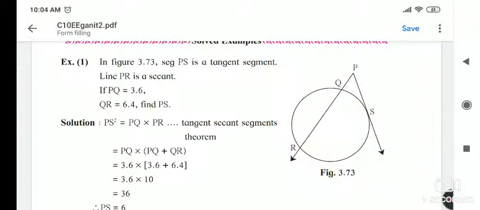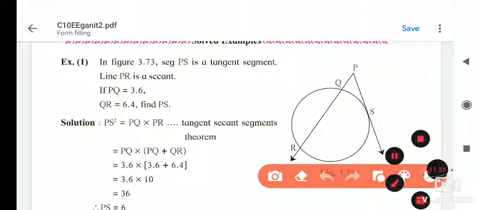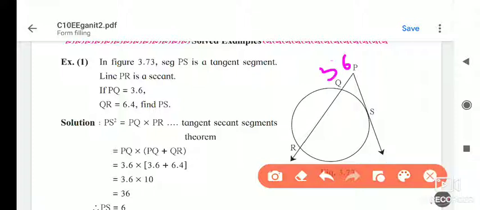Now what they gave us: PQ is equal to 3.6, then QR is equal to 6.4, and we have to find the value of PS.